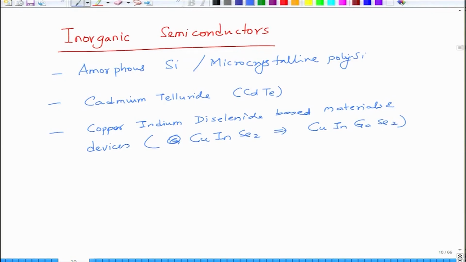So, we will see that. As I suggested earlier, the books you can read are Thin Film Solar Cells by K.L. Chopra and S.R. Das.